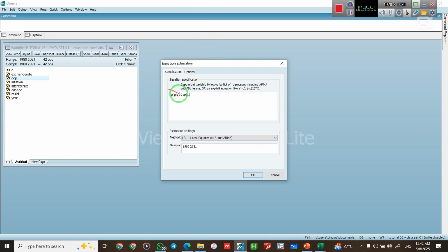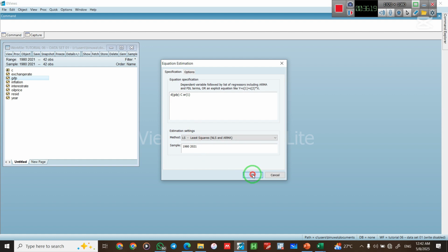So in this equation, DGDP is the first difference of GDP. The first difference of GDP is a function of the intercept plus AR1, meaning the previous year's first difference value. That means DGDP depends on AR1, right?